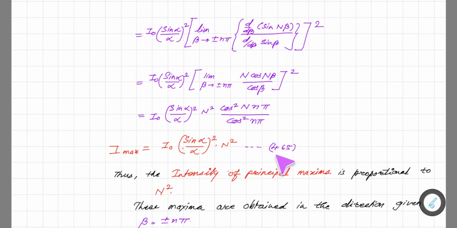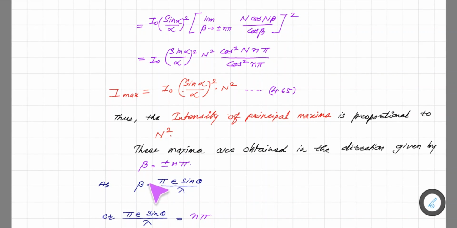So here it is clear that from equation 4.65, the intensity of principal maxima is proportional to n square, where n is the number of slits. These maxima are obtained in the direction given by beta is equal to plus minus n pi, and as we know that beta is equal to pi e sin theta upon lambda.